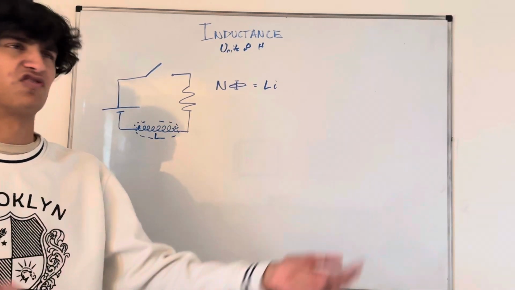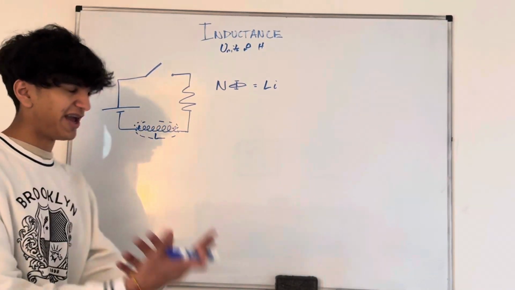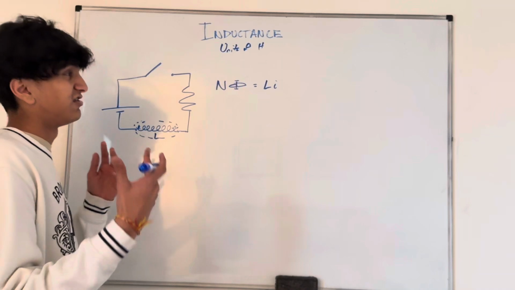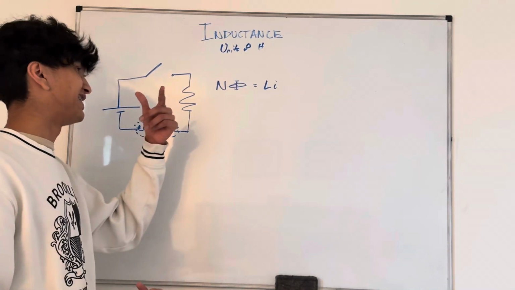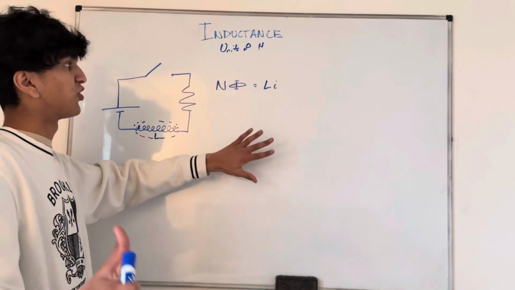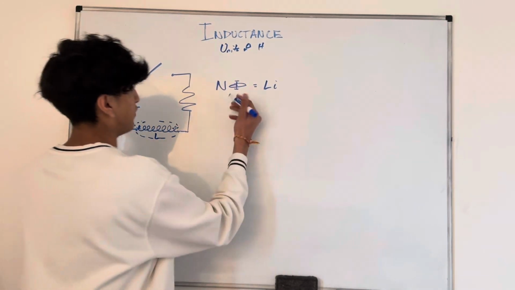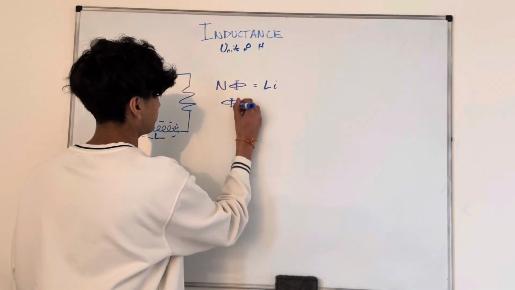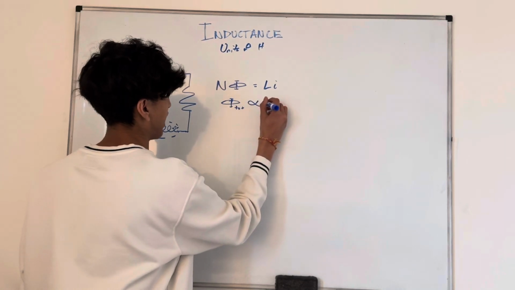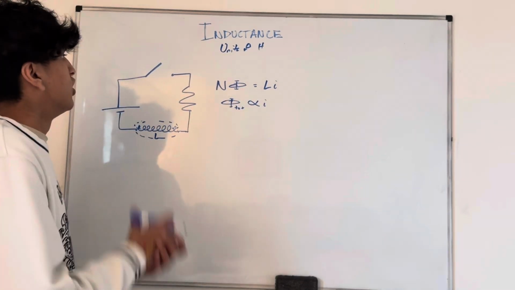That's the Biot-Savart law, Ampere's law, whatever. Current creates magnetic field, so if I have more magnetic field, I get more flux. This is just a proportionality statement: my total flux is proportional to I. That's all this equation is saying.